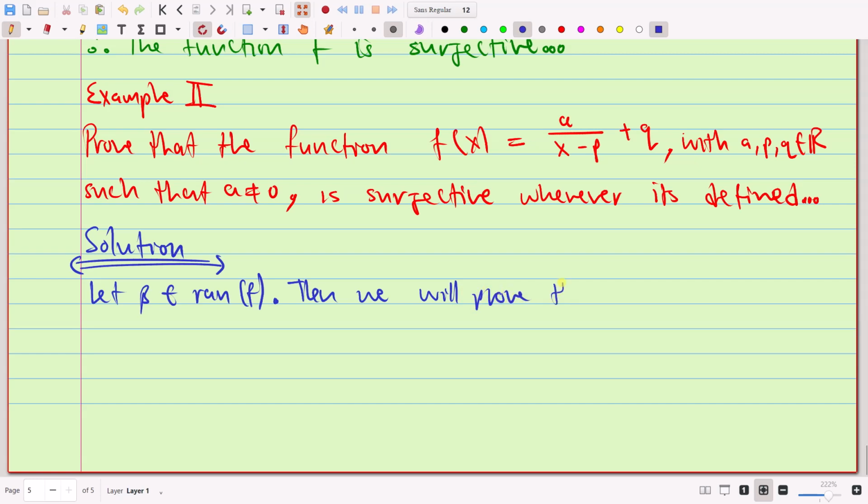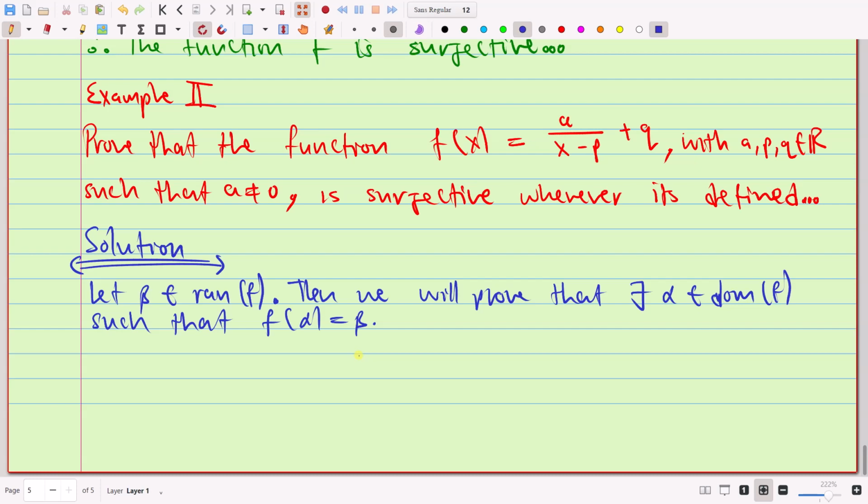Then we will prove that there exists an alpha, which is an element of the domain of f, such that f of alpha is equal to beta. So we're going to show that for this beta that we have chosen, there exists some alpha which can get the job done.